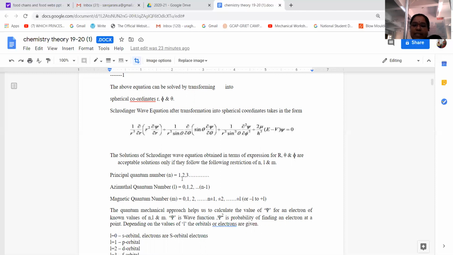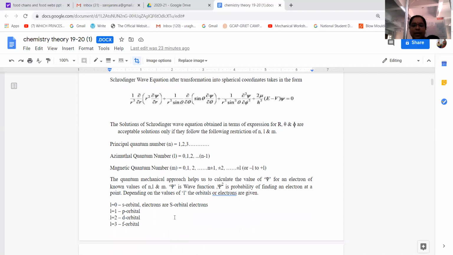So it means 1 less than the principal quantum number. The third one is the magnetic quantum number m. It has values from minus l to plus l. The fourth one is the spin quantum number, which has only 2 values, plus half and minus half.